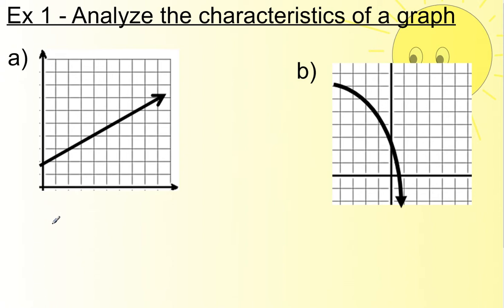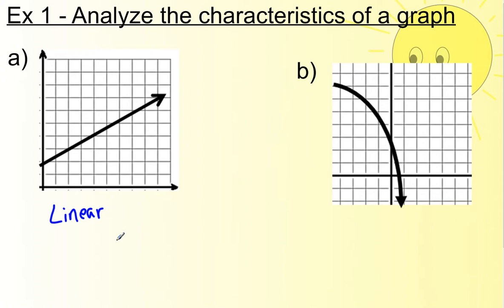So this graph is, well, is it linear or nonlinear? Clearly, this guy is linear. It's a straight line. So this is linear. And once we know that it's linear, we can say, well, is it increasing? Is it decreasing? Is it remaining constant?